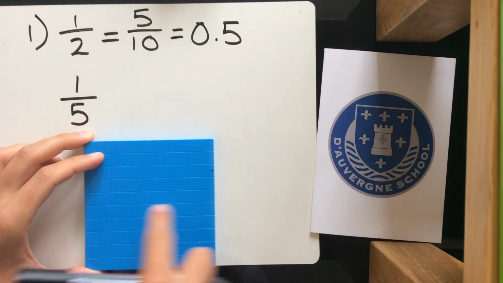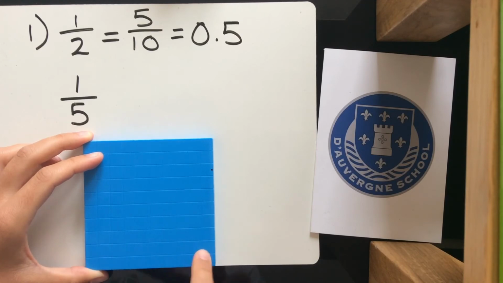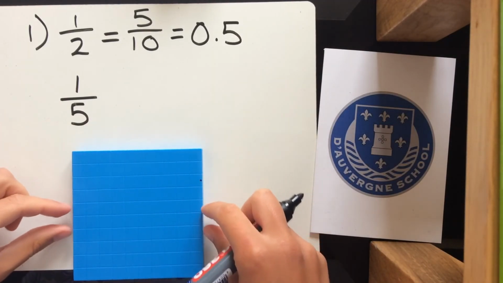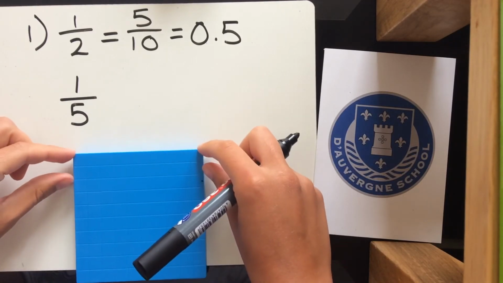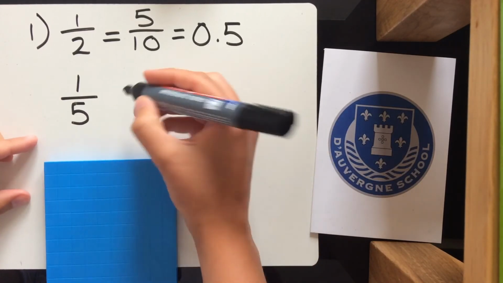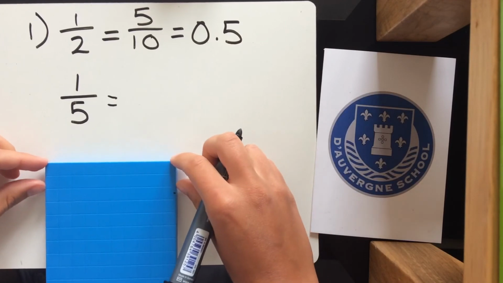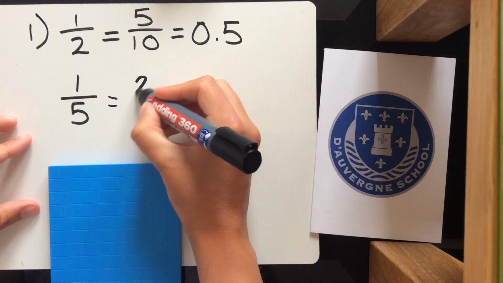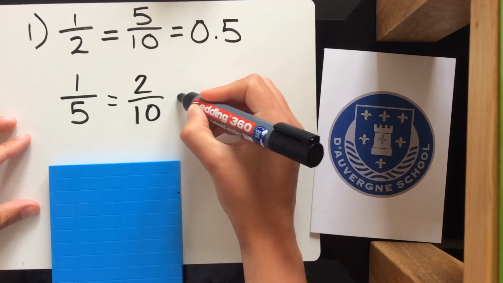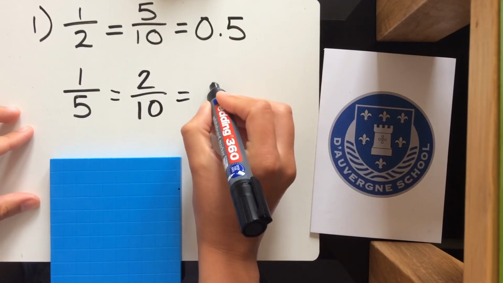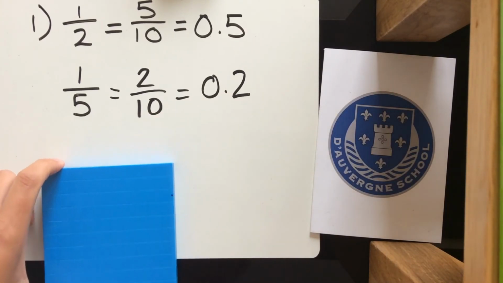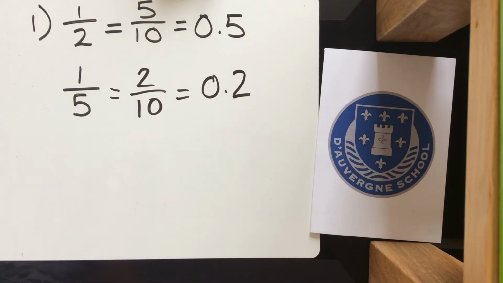Another 2 rows, another 2 rows, another 2 rows, another 2 rows. So we need 5 groups of 20 equals 100. So a 1/5 is 2 rows. So if a 1/5 is equal to 2 rows, how many tenths is that? 2/10. How do we write 2/10 as a decimal? 0.2. Okay, that was a bit of a tricky one, but we should have been able to do this conversion once I gave you the 1/5.